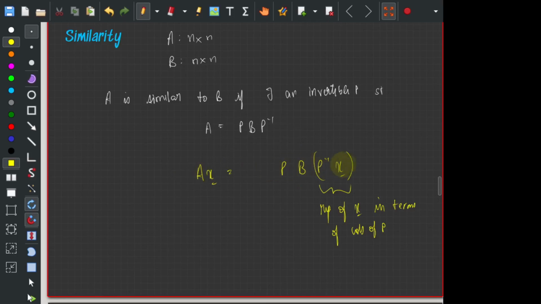I multiply by B, so it's the same. I'm doing some linear transformation, and then again multiplying by P. So what is multiplication by P equivalent to? Reverting back to the old basis.